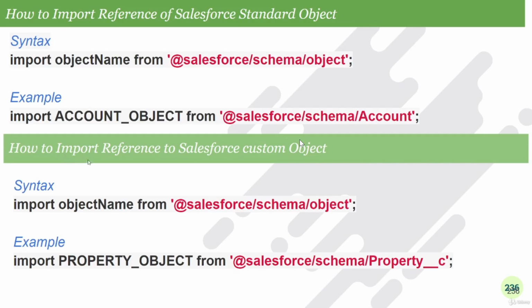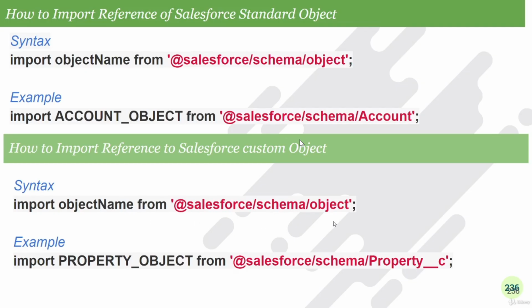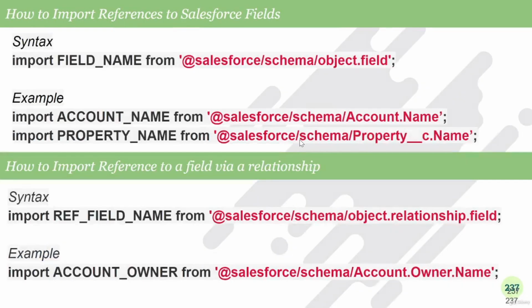The second way is to import a reference to a Salesforce custom object, and for a custom object the syntax is the same. You just need to pass the __c, that is your custom object name. Syntax is exactly the same for custom object and the standard object. Then we have the fields, how we can import the reference of the Salesforce fields.